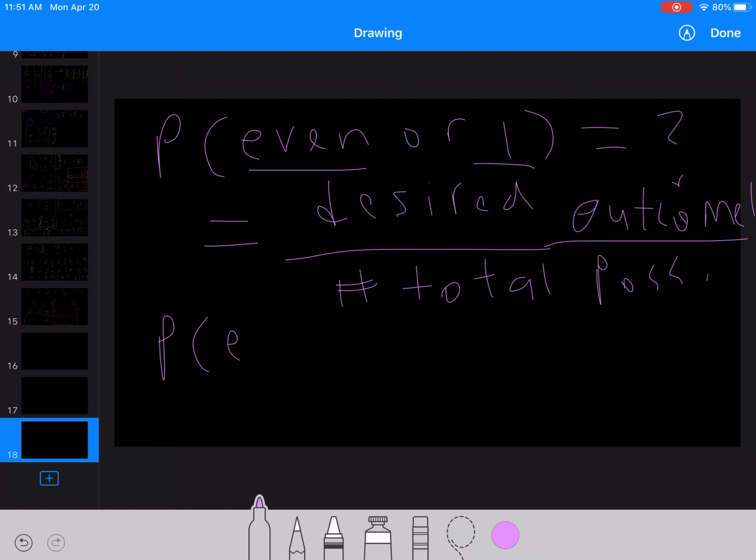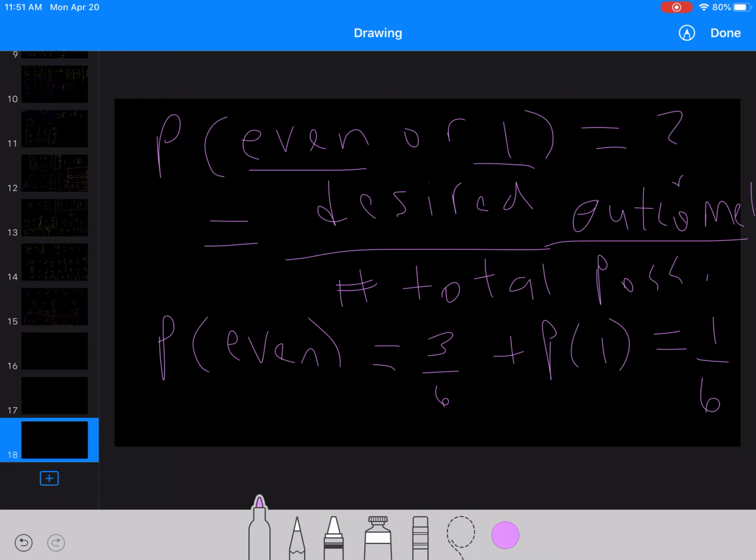Probability of even, I'm just going to put even here. So let's see. The number of evens is 3 out of 6 total. Then we can do plus the probability of a 1. And there's only a 1 value that meets that criteria out of 6.